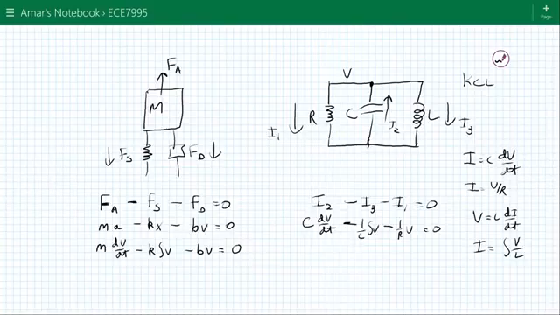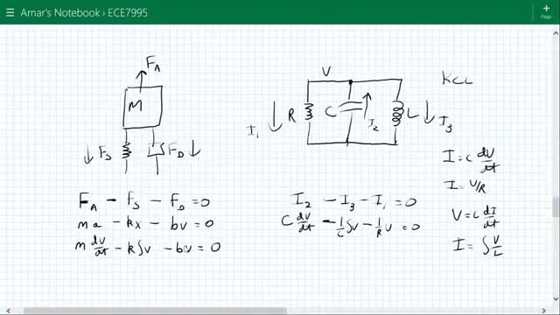If you look at the left, m dv/dt minus k times the integral of v minus b v is equal to 0. You notice that this equation is pretty much the same. C dv/dt minus 1 over L times the integral of v minus 1 over R times v is equal to 0. These two equations basically have the same form. This is the reason we use equivalent circuit modeling.